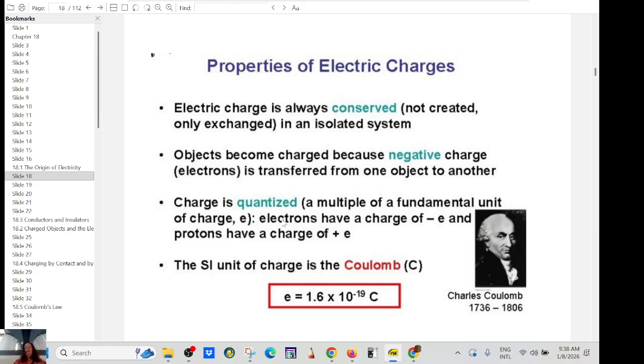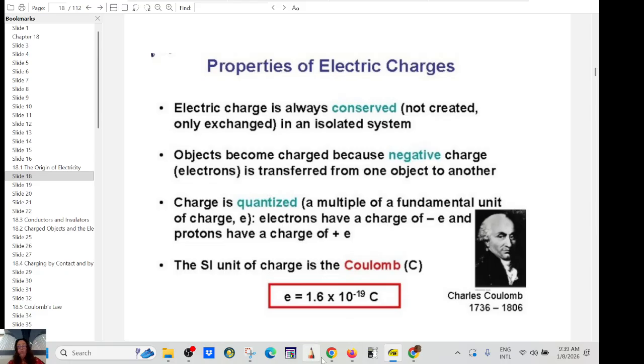But electrons, the charge Q will be the number of electrons lost or gained. But you can lose or gain 1 electron, 2 electrons, 3 electrons, but you cannot lose 3.5. Okay, that's the meaning of being quantized.